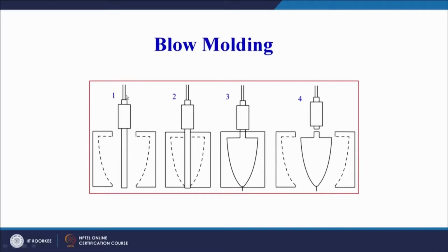Through this pipe we will have pressurized air that will come inside, and this is the parison or the raw material that can be made by the extrusion process also, or by the injection process also. So this parison is hollow and it is open from here, so the air can be pressurized through this particular nozzle into this parison, and the parison will blow.